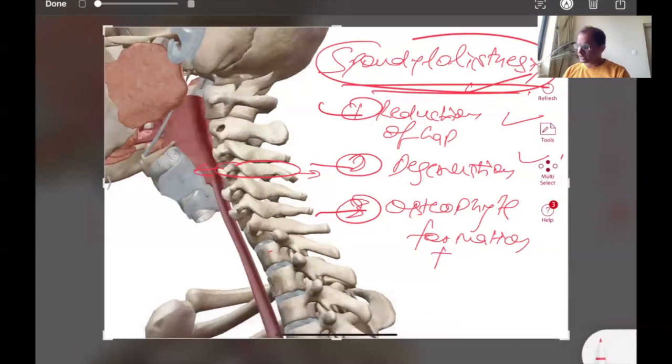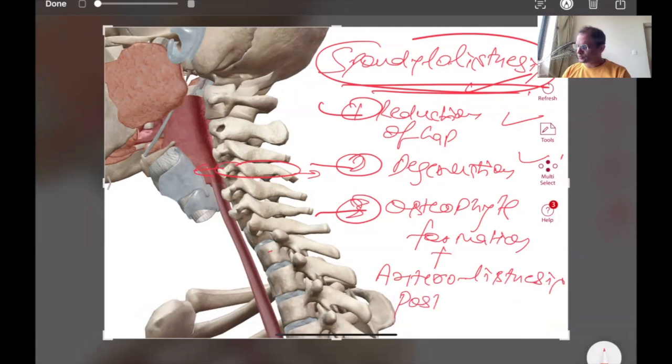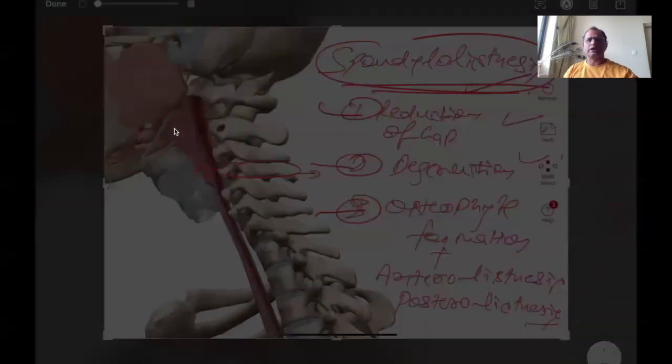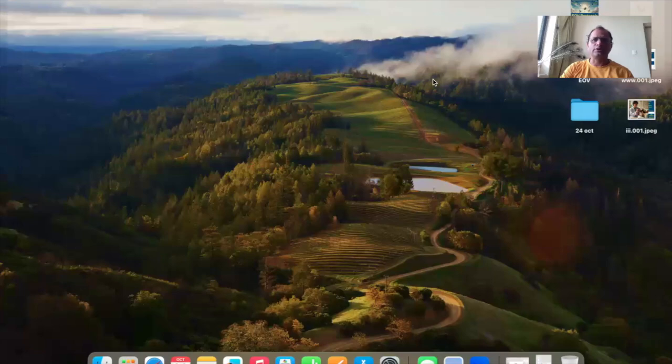If it is going to the anterior side, we call it anterolisthesis. If it is going to the posterior side, we call it posterolisthesis. Now, this is a very critical condition. Please never commit to any patient that you will cure within 2 days, 3 days, 1 week. स्पॉन्डिलोलिस्थेसिस पेशेंट को आप ये कमिटमेंट मत करिए कि आप उसे 7 दिन में ठीक कर दोगे. आप दर्द कम कर दोगे लेकिन दर्द वापस आएगा, फिर पेशेंट आपको ही परेशान करेगा.